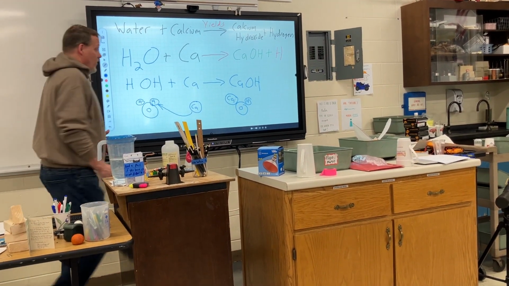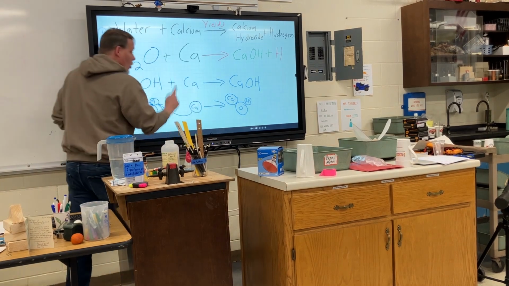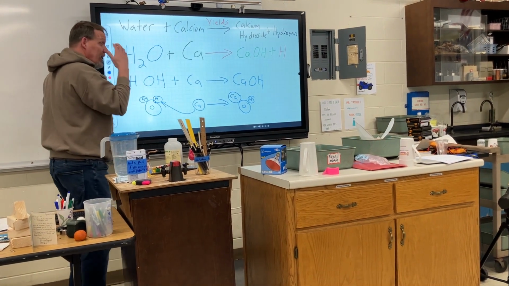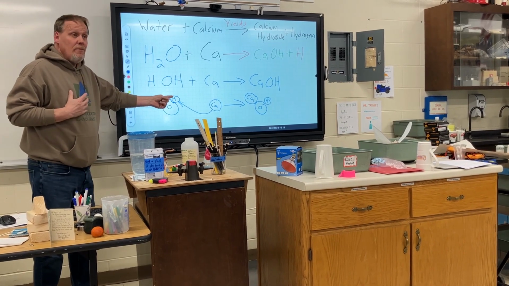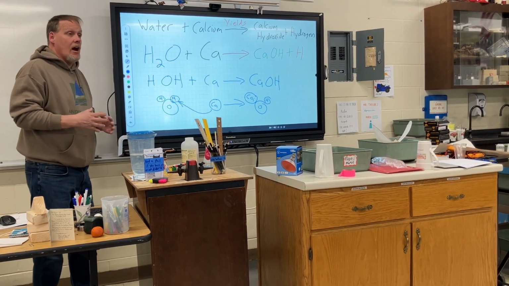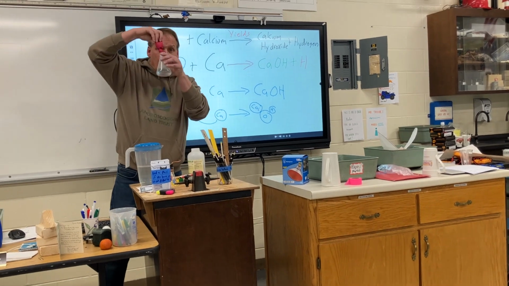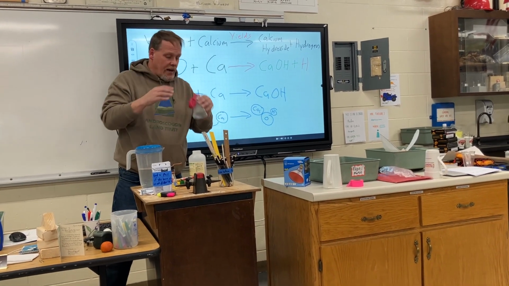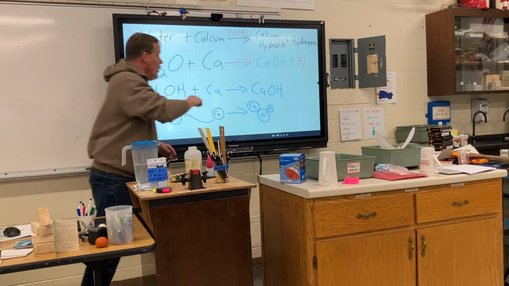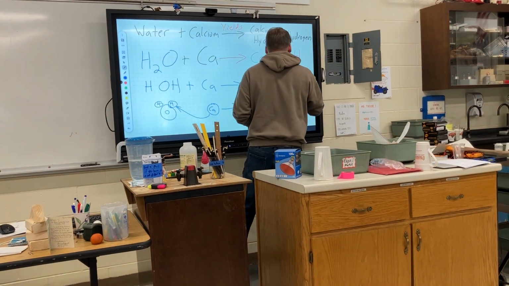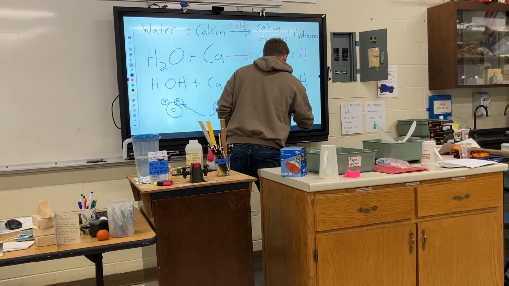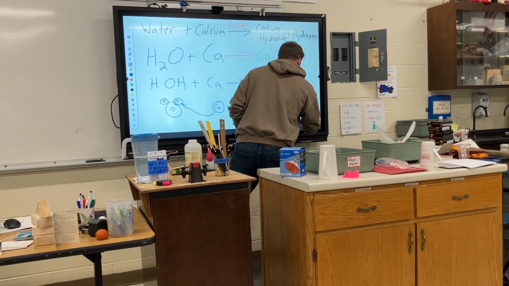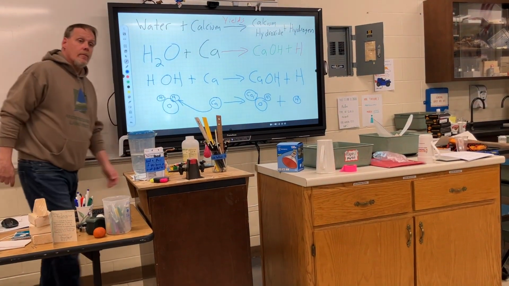When it does that though, here's my yields arrow, when the calcium kicks out the hydrogen, it now has to go somewhere, that hydrogen, and the hydrogen goes off into the air. And that's when we're going to capture it in the balloon here. We're going to capture that hydrogen. So the CaOH is going to also emit some hydrogen gas. So we're going to have this little hydrogen over here.